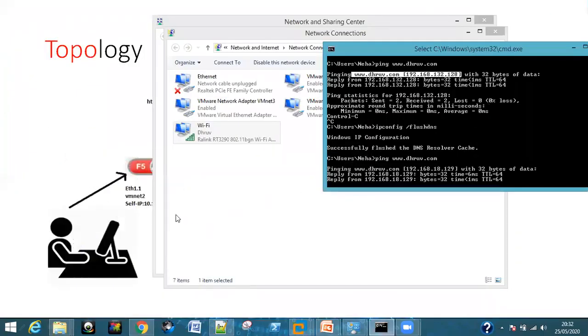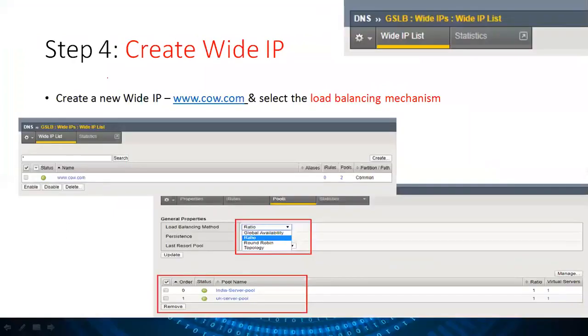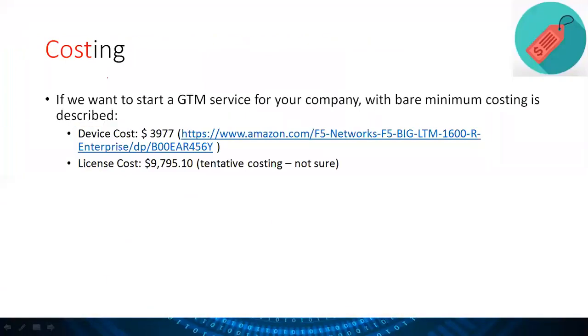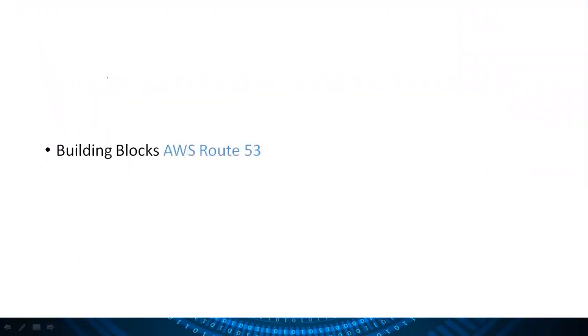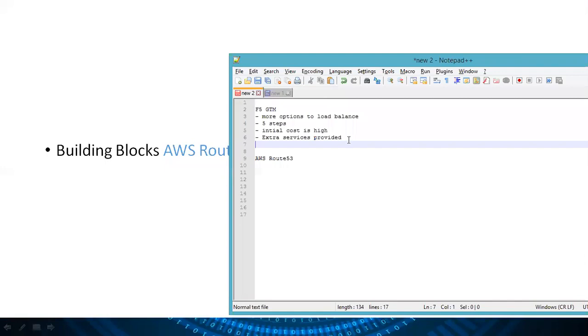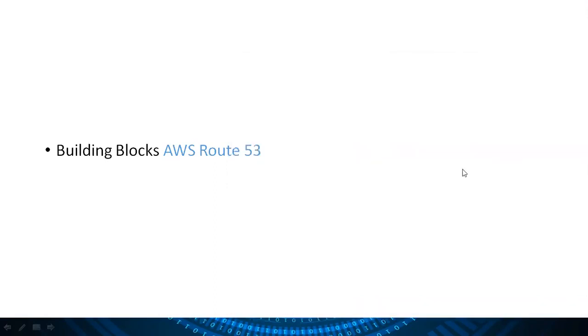Perfect. I think the configuration part is easy: a five-step process, and the costing is clear. The extra features provided are mentioned. So I feel these are the pointers F5 has gained when we configure our policies in a lab. And on that note, let's jump in to AWS.